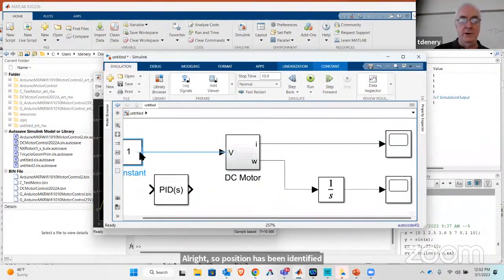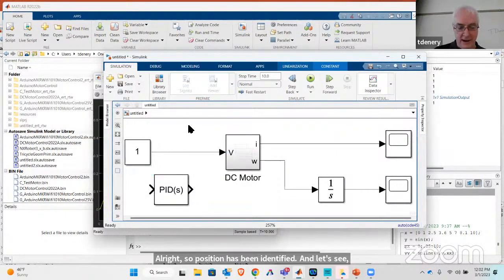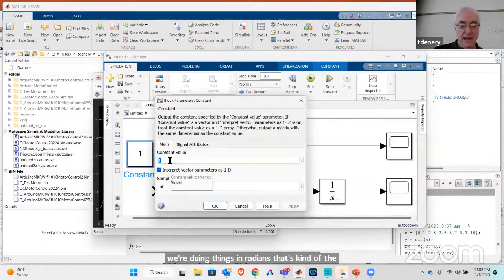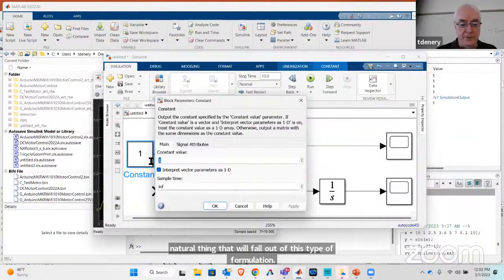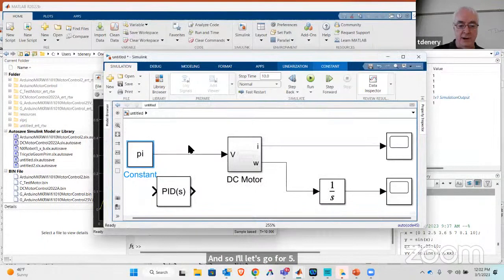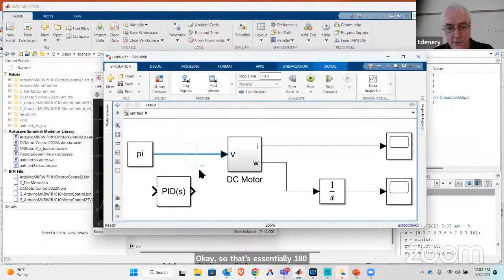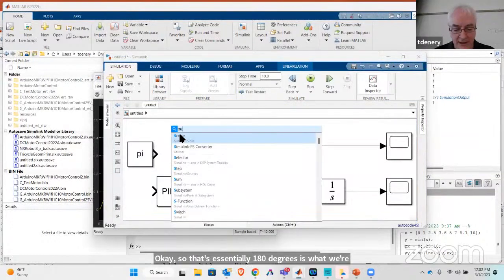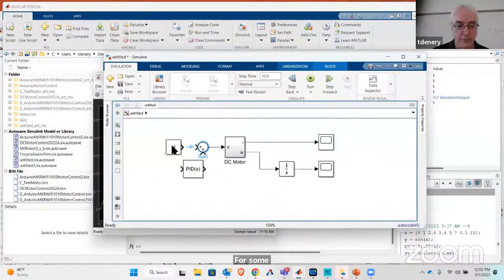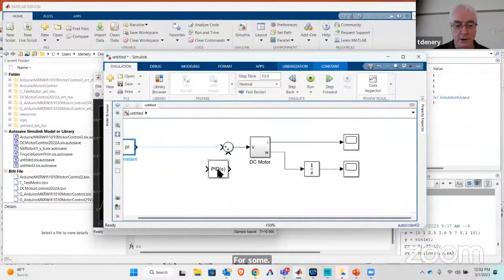And let's see, we're doing things in radians. That's the natural thing that will fall out of this type of formulation. And so I don't know, let's go for pi. Right, so that's essentially 180 degrees is what we're shooting for. Okay, and now I'm going to type in SUM for sum. We're going to make it look like a real feedback loop, right?